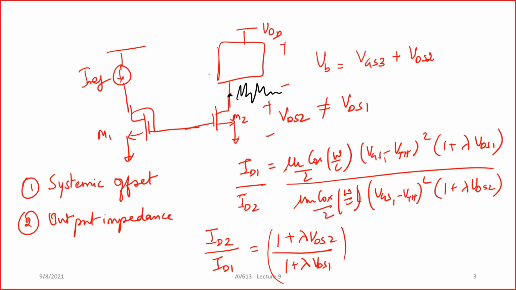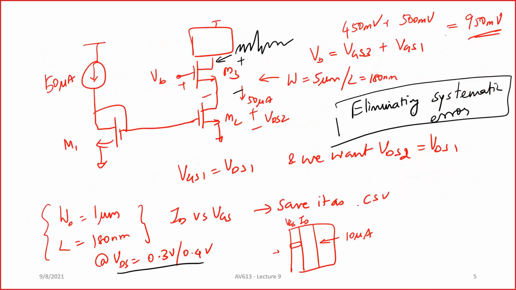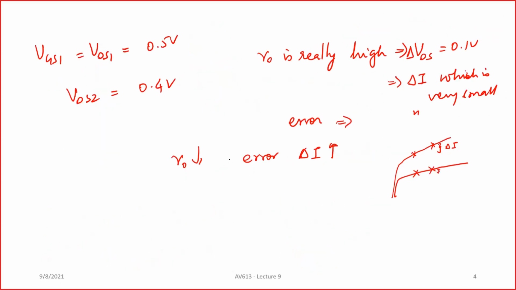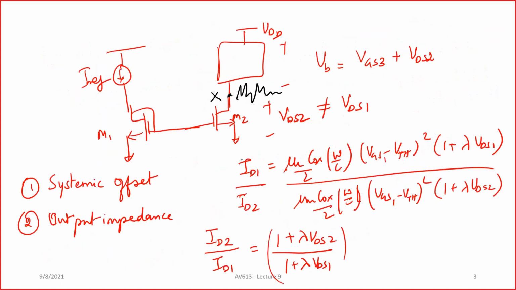Because of that, this node, if you call it node X, is going to swing a little bit, dependent on the signal coming at the input of the rest of the block. Now this small signal variation at the drain of your current source, how much small signal current variation will it cause in your transistor M2? That is the question.